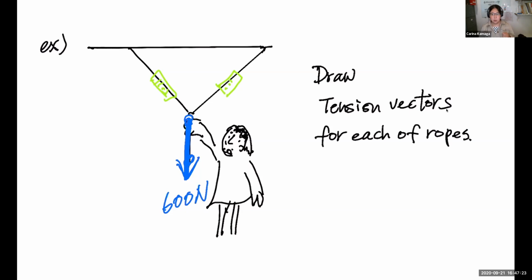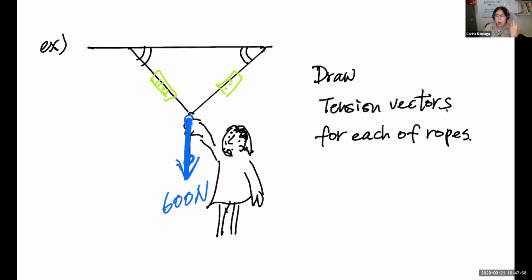The direction of tension force is always along the rope. How many tension forces do we have? We have two tension forces. If both ropes have the same angle, then they're going to have the same magnitude, just pointing in a different direction because the rope is pointing in a different direction.